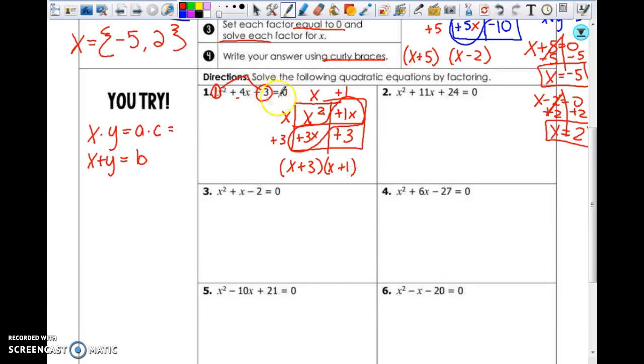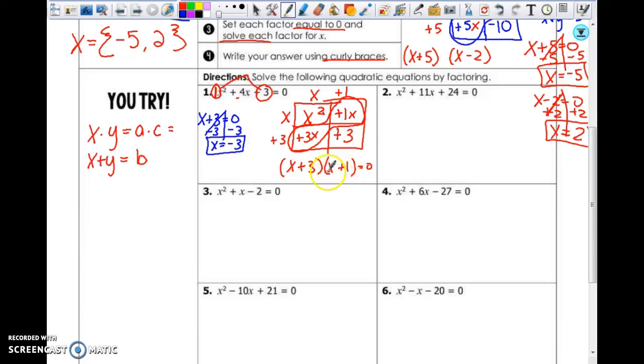So remember, we were supposed to set it equal to 0, so it's still equal to 0, meaning I can do the zero product property, meaning you set each one equal to 0. So I got x plus 3 equal to 0. How do you get that alone? You do -3, -3. So x is equal to 0 minus 3, which is -3.